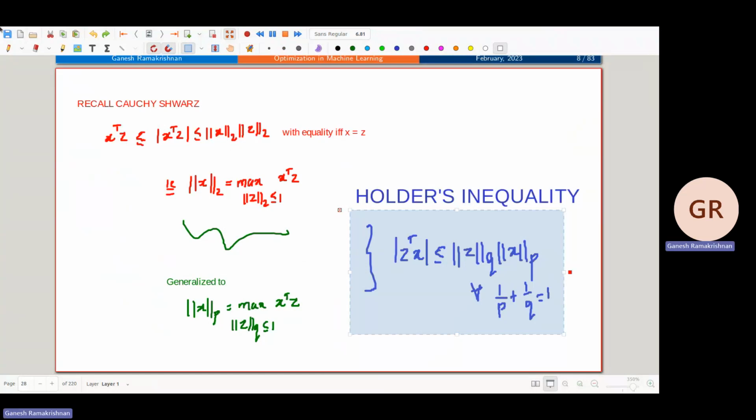Now, based on this, can I write the subdifferential of the p norm of x? How will it look? It should look very similar to this, right? It's a supremum.